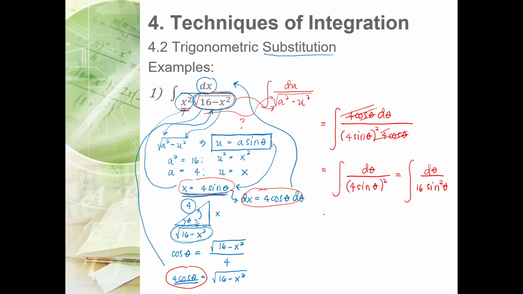Notice that we can further simplify this by extracting the constant, 1 over 16. So we have d theta all over sine squared theta.